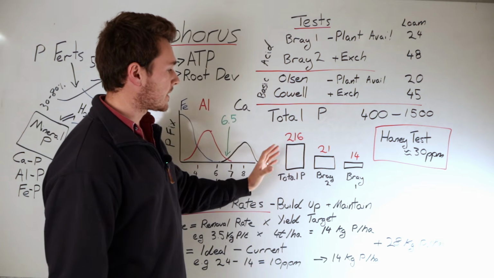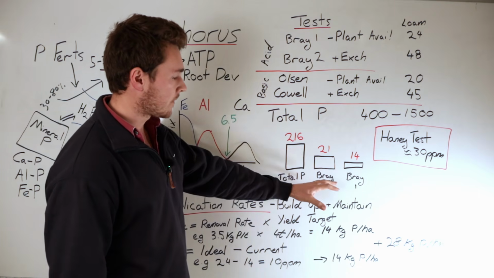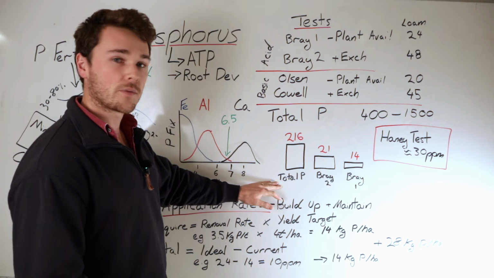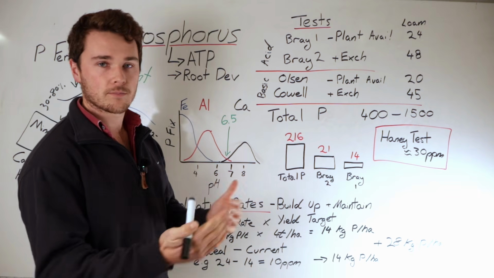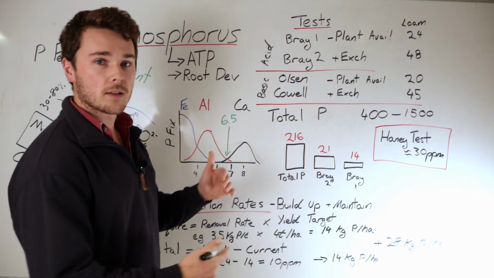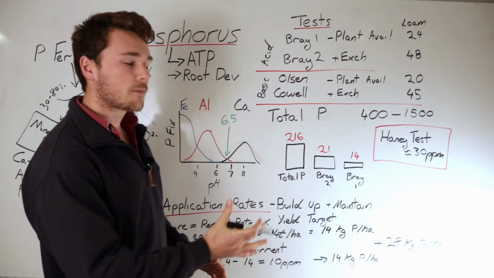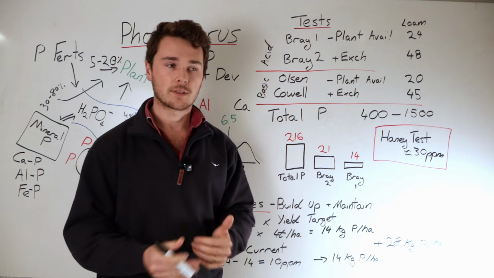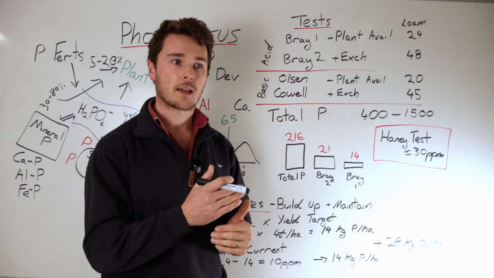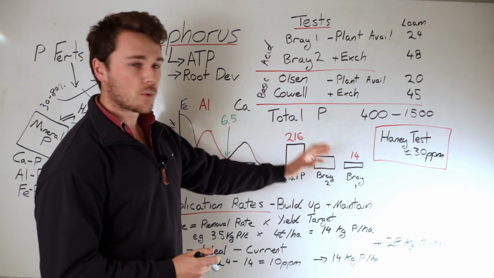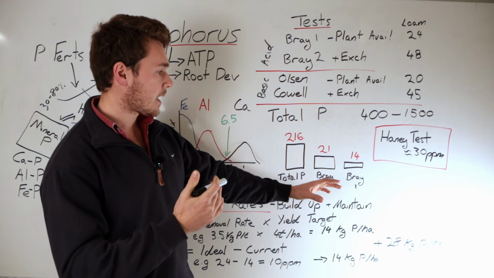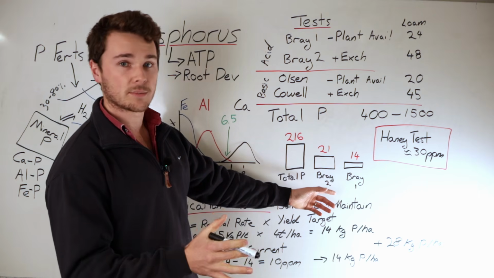Typically what we're looking at is about 10% of the total phosphorus being available to the crop. The higher that conversion number, the better your microbial activity. It can be difficult to compare between soils, and typically better within your own soils because of that phosphorus buffering index. But the more microbes you have to cycle and release phosphorus, the more available phosphorus you'll have.